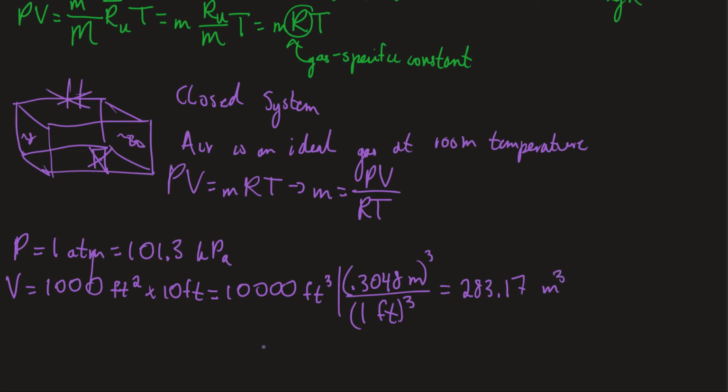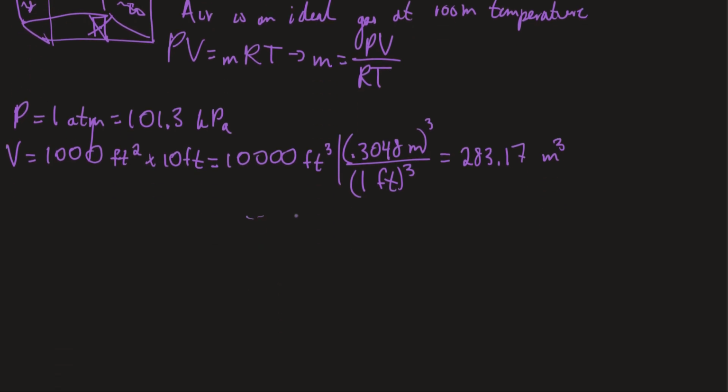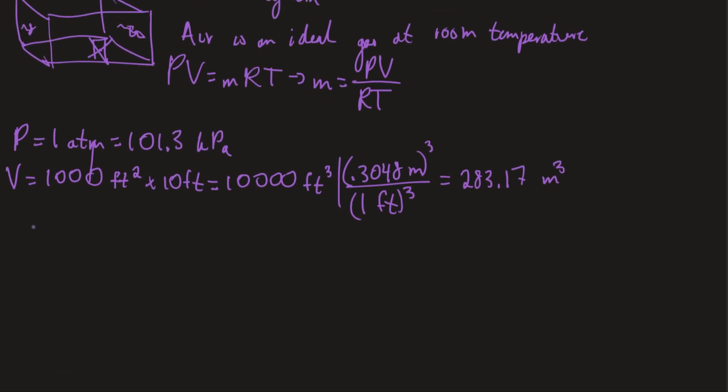Next, we'll look at the gas-specific constant. So we found out earlier that air's gas constant is 0.287 kilojoules per kilogram Kelvin.